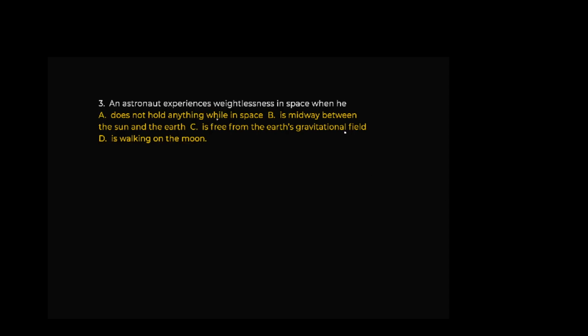An astronaut experiences weightlessness in space when he: A, does not hold anything while in space; B, is midway between the sun and the earth; C, is free from the earth's gravitational field; D, is walking on the moon. C is free from the Earth's gravitational field. And that's correct.